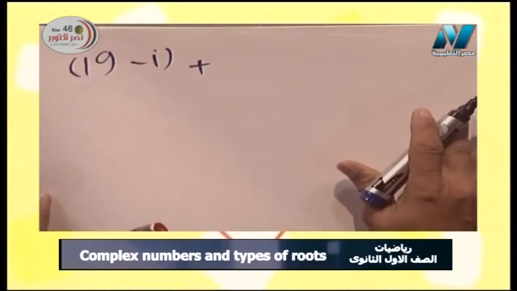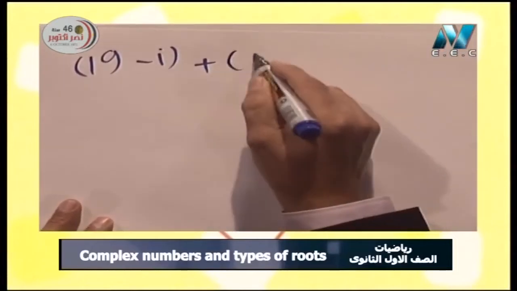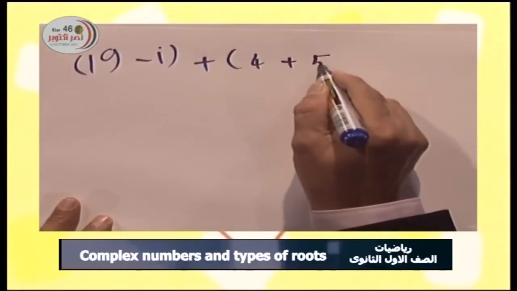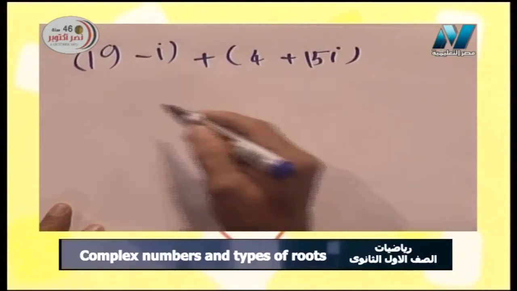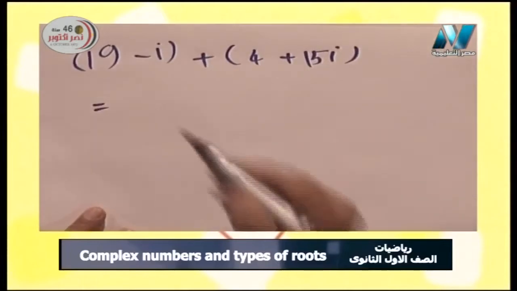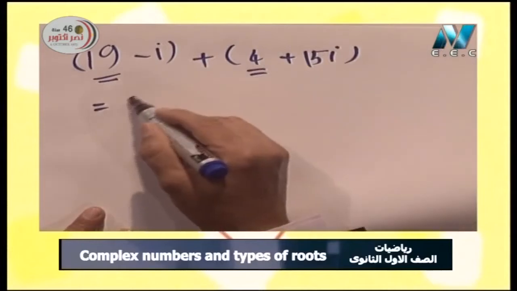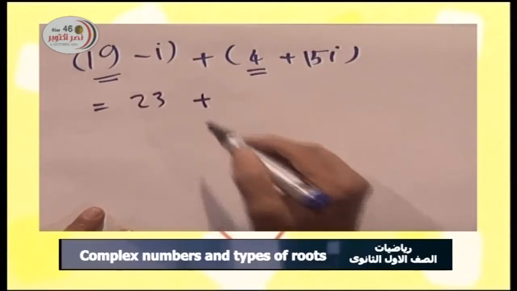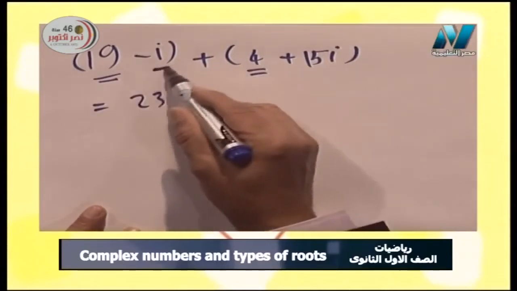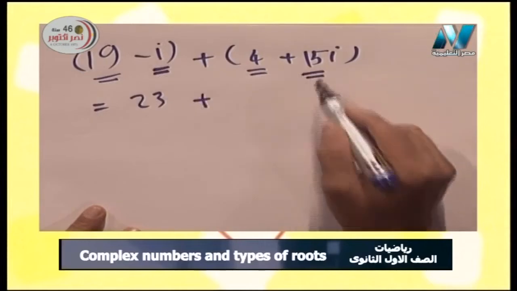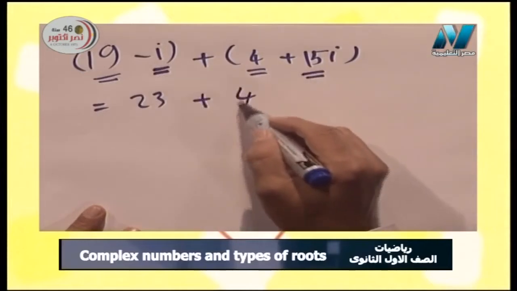Look carefully. 19 minus i plus 4 plus 15i equals, we add 19 plus 4, the answer will be 23, and we add negative i with positive 15i, the answer will be 14i.